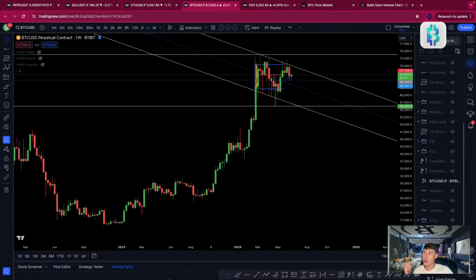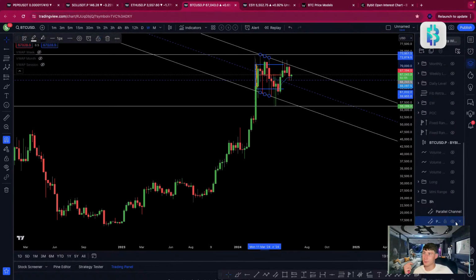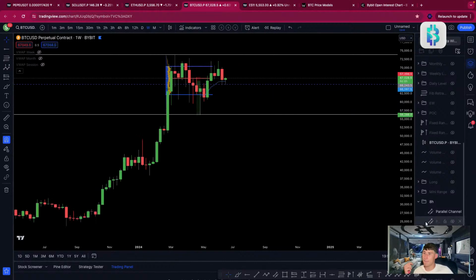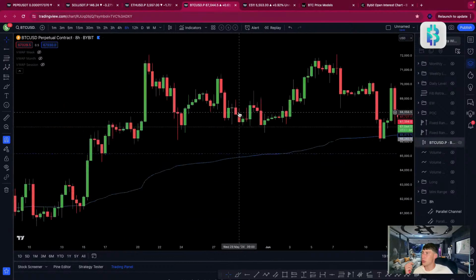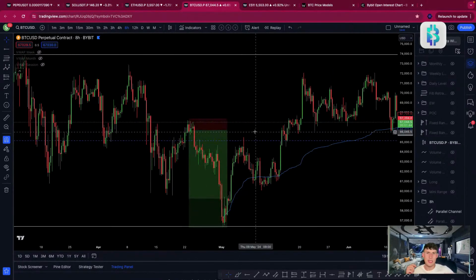If you're seeing loads of longs kicking into the market, and let's just get rid of this for now. What was that short trade from? If you see loads of longs kicking into the market and you're shorting and longs continue to kick in, then you're on the wrong side of the market, okay?